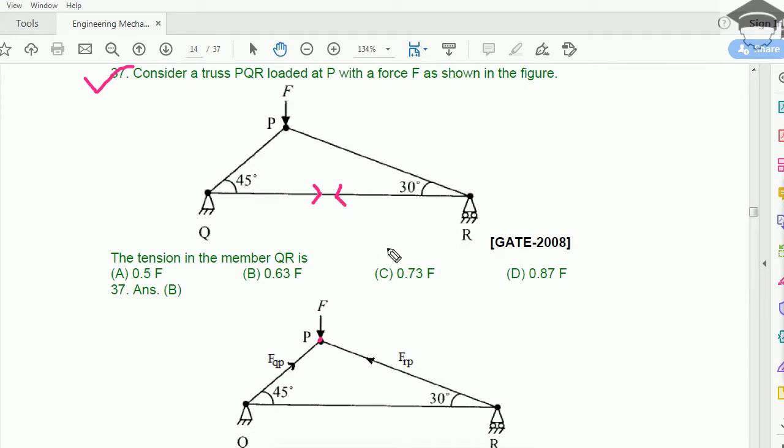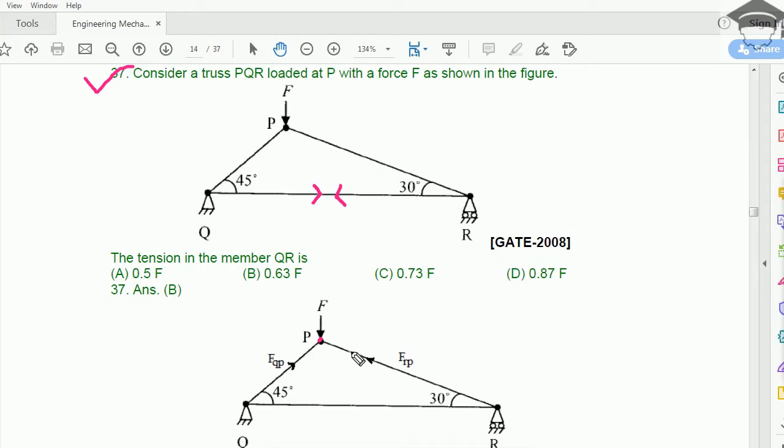First of all, we look at the force triangle. See here in the question, at point P the force F is acting. This force is FQP, this force is FRP. This angle is given as 45, this is 30.